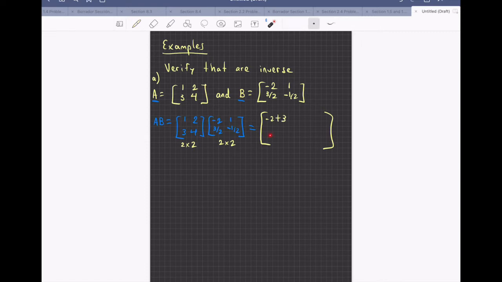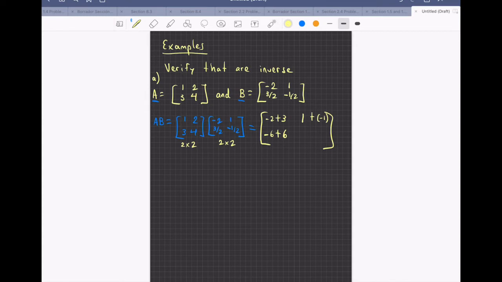Here, row 2, column 1, 3 times -2, -6, plus 4 times 3 over 2, 6. Here, row 1, column 2, 1 times 1 is 1, plus 2 times -1/2 is -1.